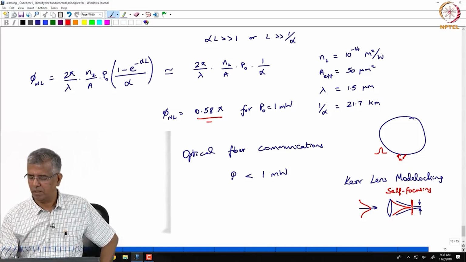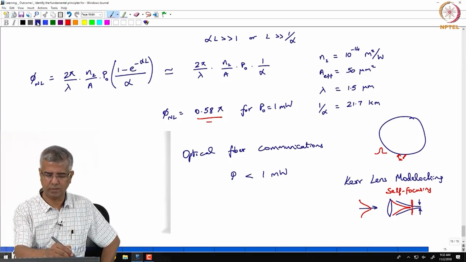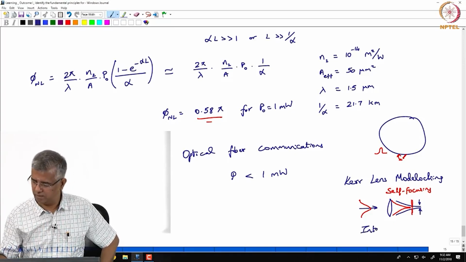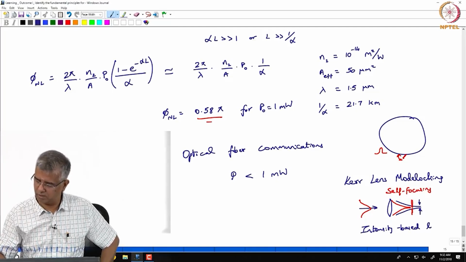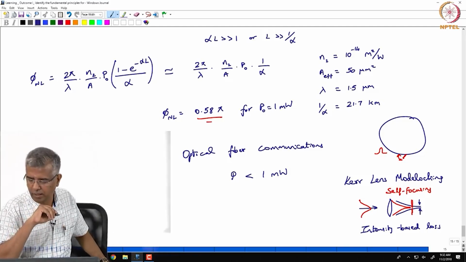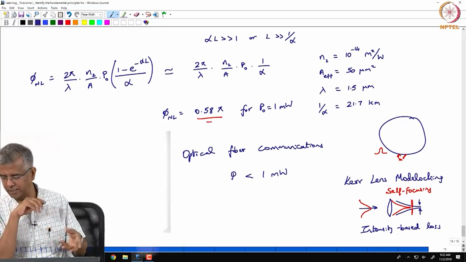So you have what is called an intensity based loss mechanism, okay. And this intensity based loss mechanism is through the Kerr effect.